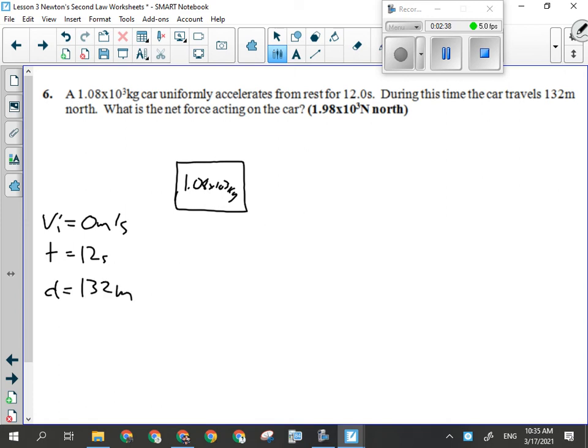What's the net force acting on the car? So I need to get F net. They don't mention any of the forces acting on the car, so I can't get that using the sum of all forces. There's just no way. But I can get it using mass times acceleration because I have the mass, and because I have VI, T, and D, I can calculate the acceleration of the vehicle using this formula.